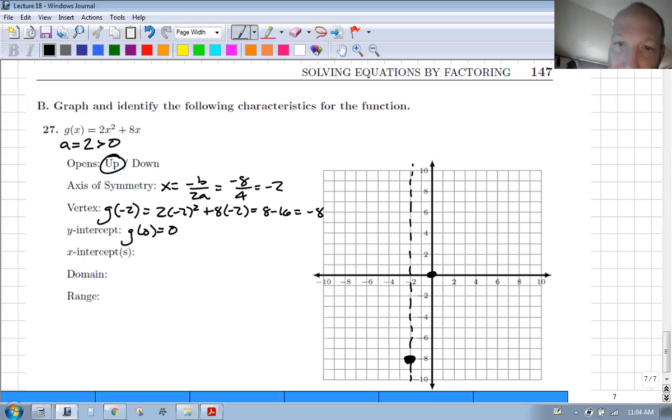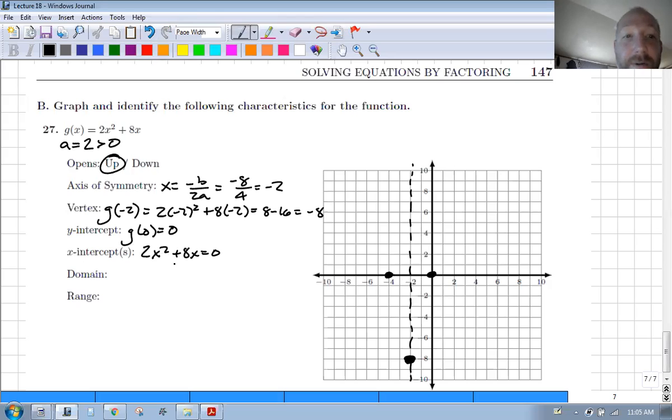All right, our y-intercept, plug 0 in, we get 0 back. So there's our y-intercept. Using our mirror property, we know that our other point is right here. All right, so we already know our x-intercepts. We just figured them out. The y-intercept being at 0, 0 is also an x-intercept. And again, the mirror image gives us our other x-intercept. Or we could just set this thing equal to 0 and solve, right?